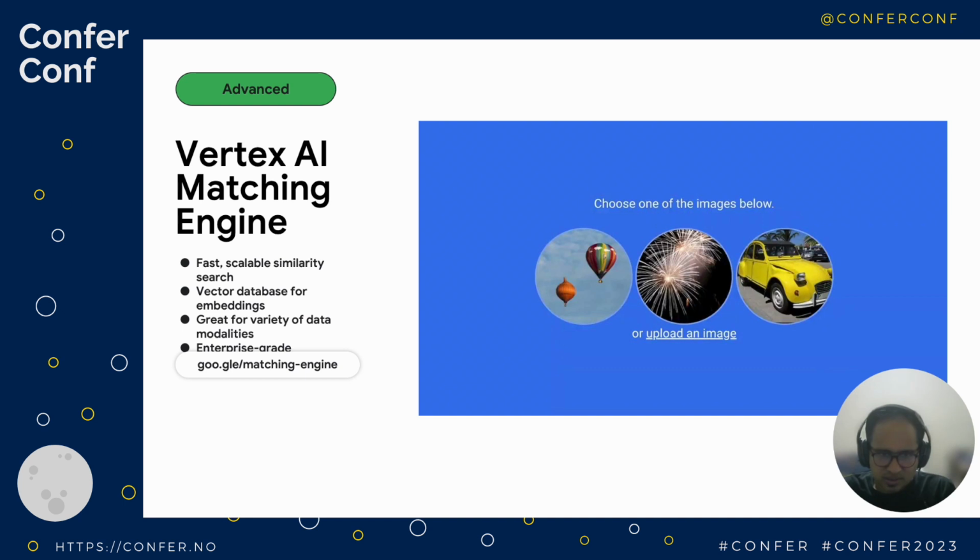Vertex AI Matching Engine is a fast, scalable similarity search. It is a vector database for embeddings, great for a variety of data modalities and enterprise grade. So these all are already available to you, which you can use, export these models and use them for your own applications.